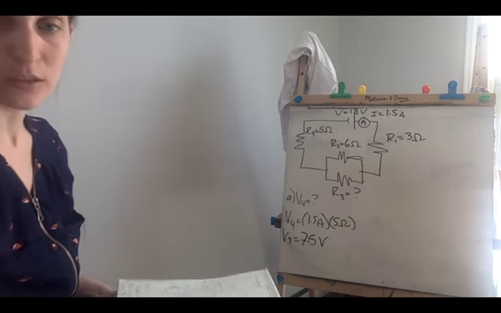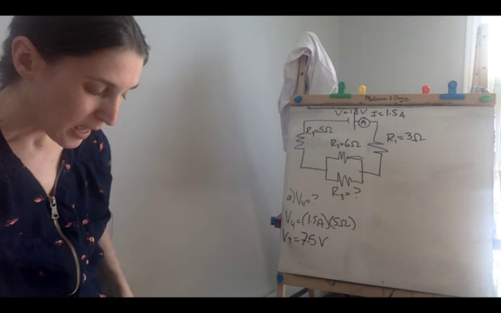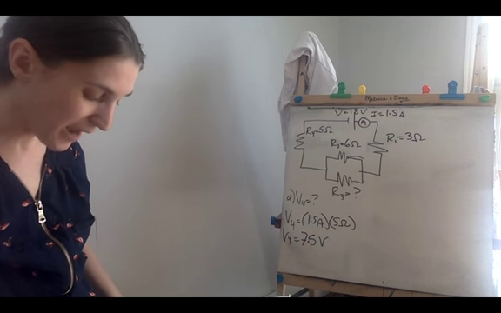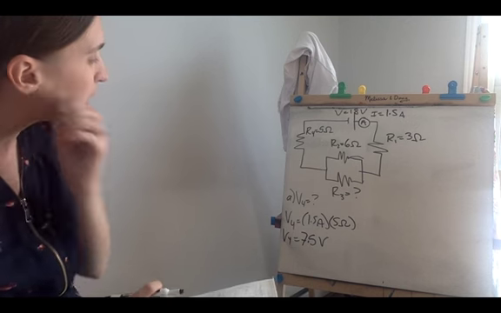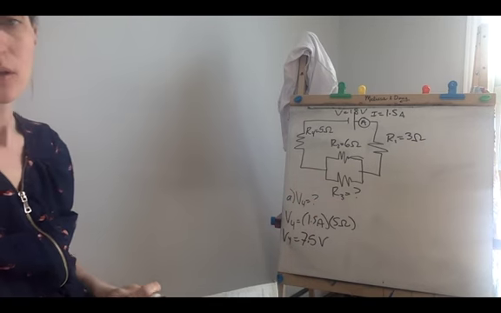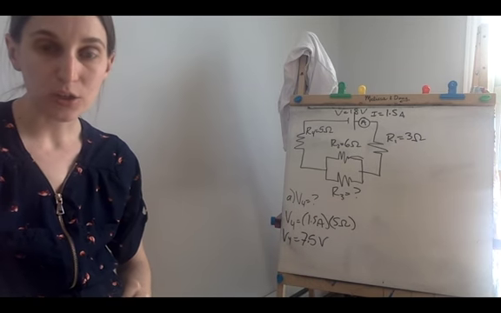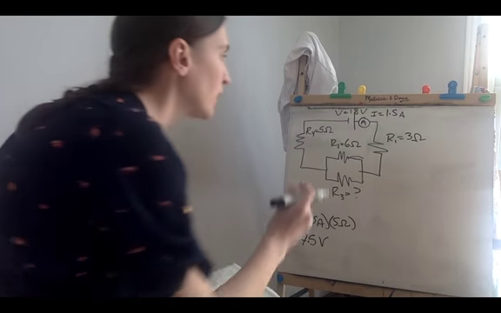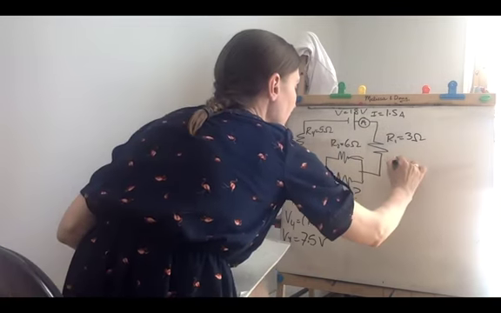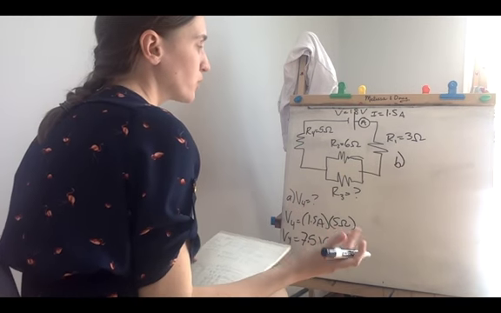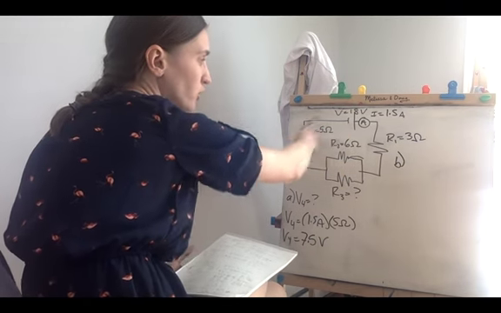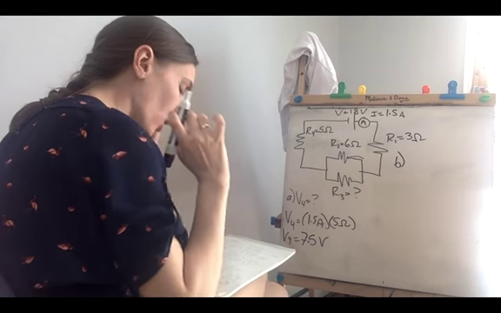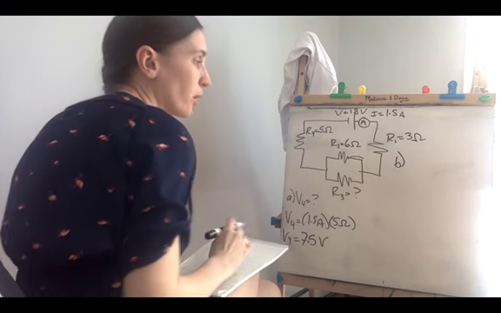Okay, so that one's relatively straightforward. In part B, we've been asked to find R3. Again, what we want to consider is the total resistance. Using basic Ohm's law, the total voltage of the entire circuit is 18 volts and the total current is 1.5 amps.